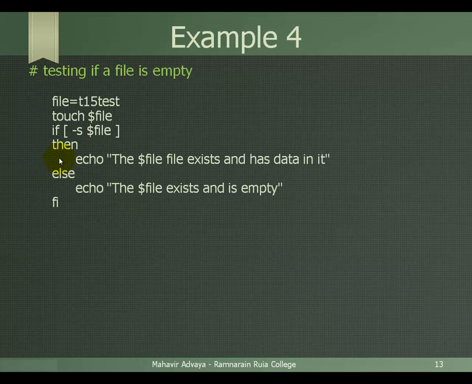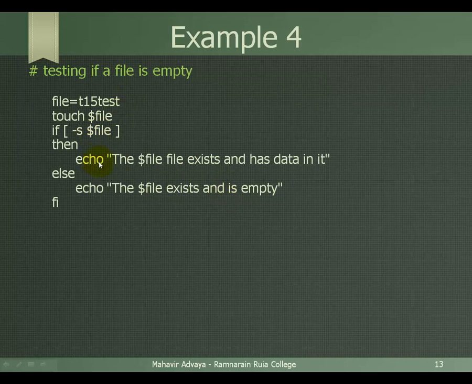So example 4, to check whether the file is empty or not. So here what we are doing, we are storing a file name in a variable. I am creating an empty file with this name. So touch $file will create an empty file with this name and check whether the file exists and it is empty or not. So if the file has some data, it will display this message, otherwise it will display this message.